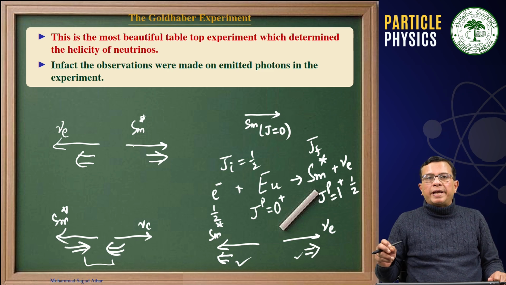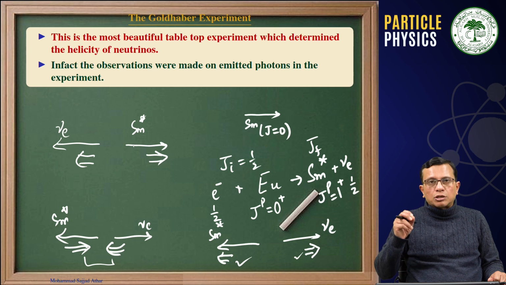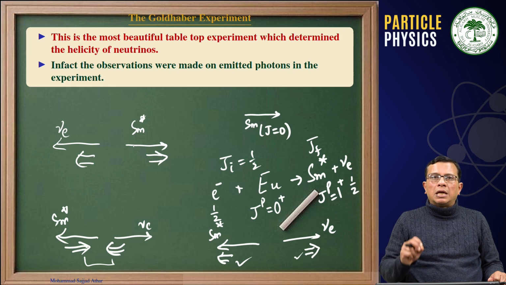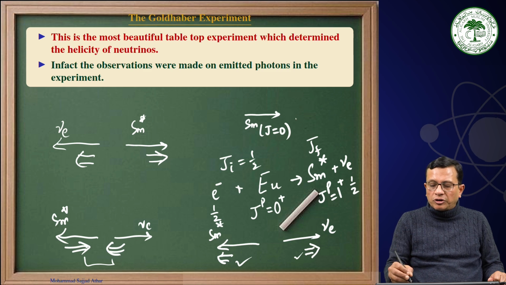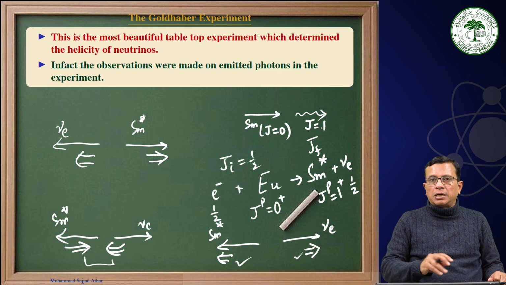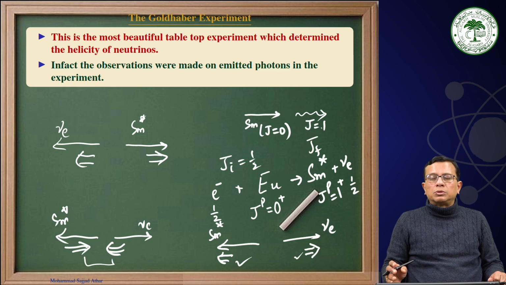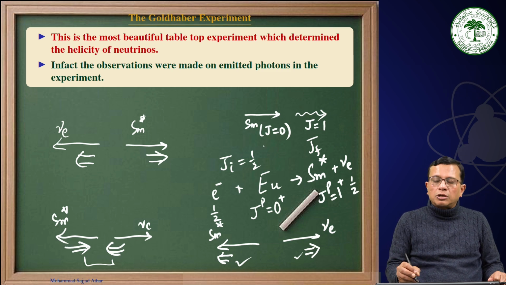It has a certain lifetime and it comes to the ground state by emitting a photon, and it transfers its angular momenta to the photon because this ground state has angular momentum 0.